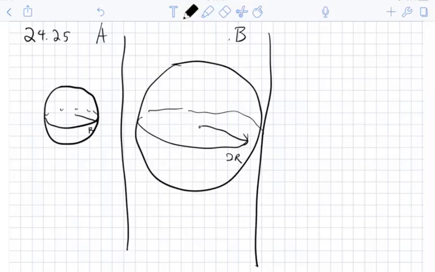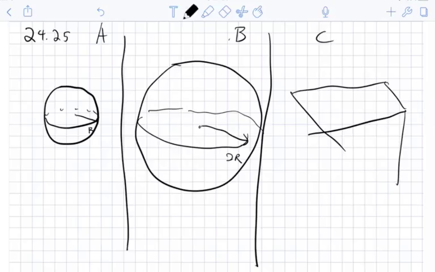And C is a cube with side length r. Okay, fine. At the geometric center of each closed surface is a small ball, completely enclosed by the surface. It carries electric charge plus Q.